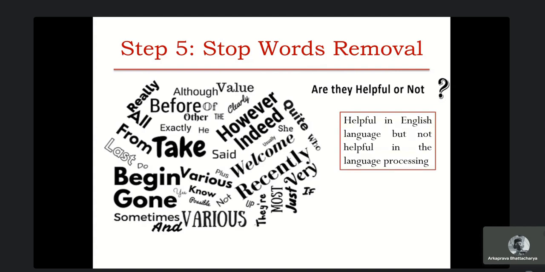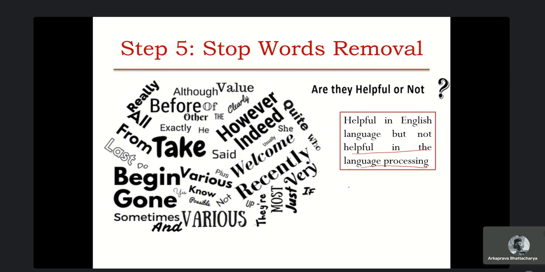Next one is stop words removal. These are helpful in the English language, but not much helpful in language processing, because as we know, stop words help us build sentences. But when it comes to language processing, sometimes these stop words would not be of much use.